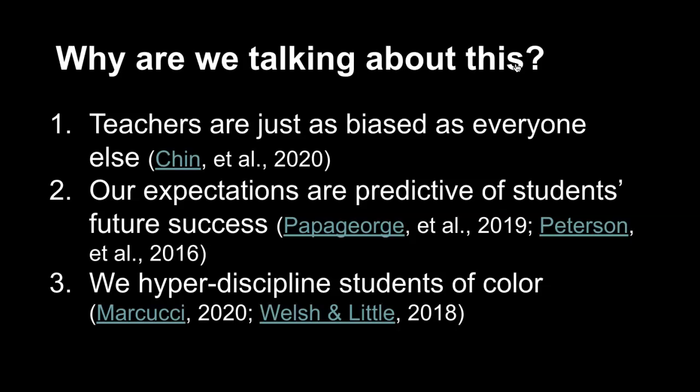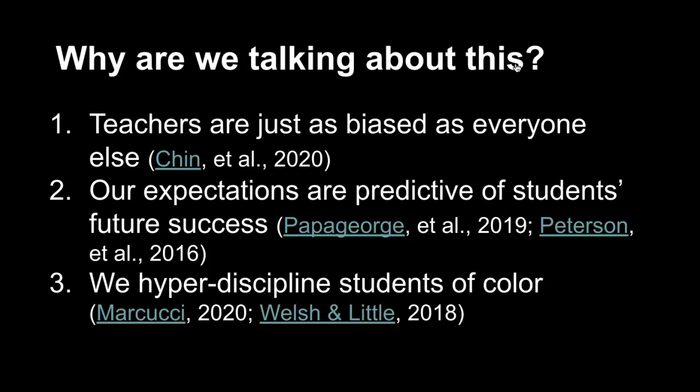So there's new research that backs this up. New research in the journal Educational Researcher by Chin et al. suggests that teachers are just as biased as the general population when it comes to race. And I include myself in this alongside all of you. So we're not special just because we're teachers.